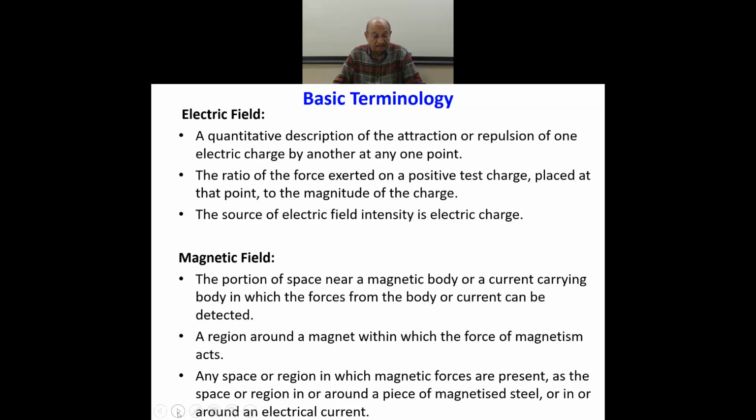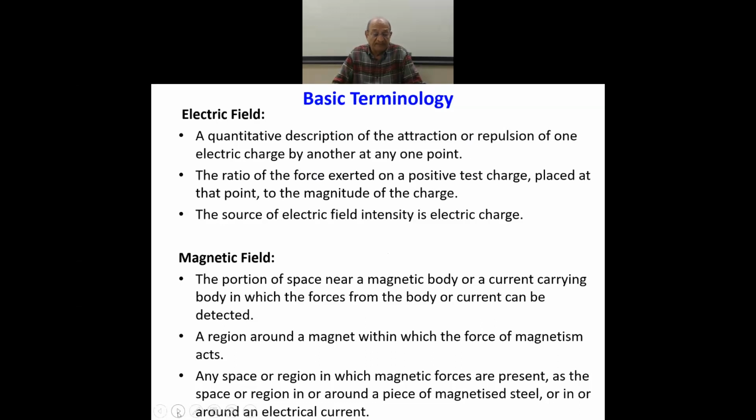Electric field, you must have learned. It is a quantitative description of the attraction or repulsion of one electric charge by another at any one point, between two points.